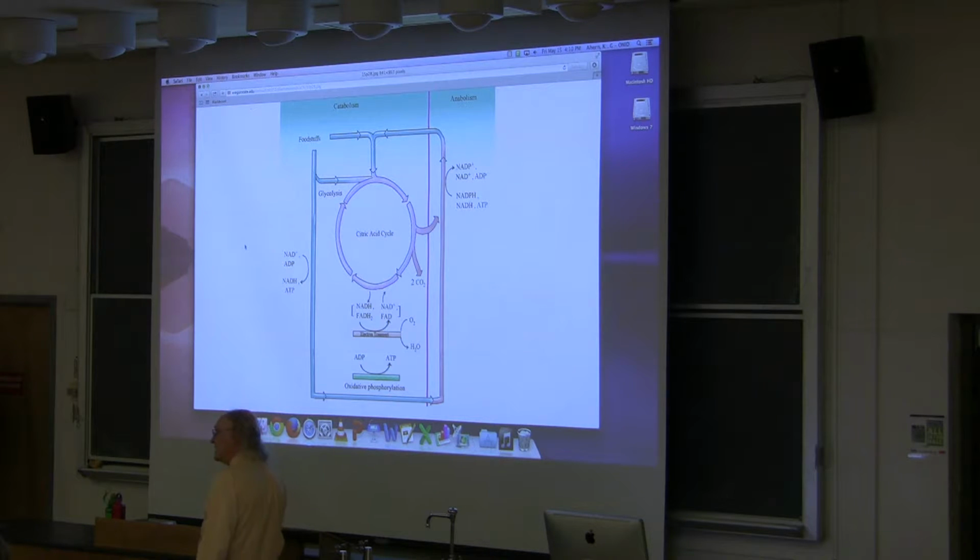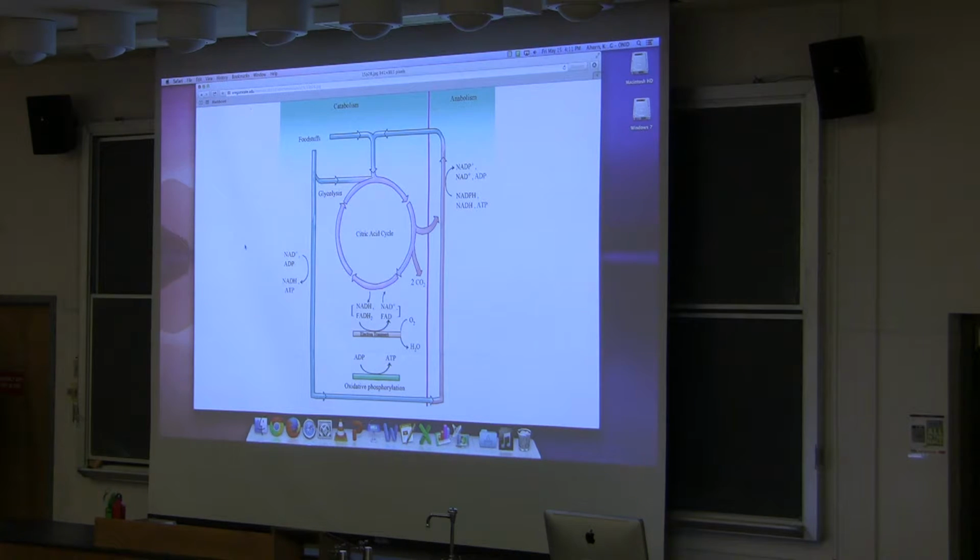And if NAD is needed for reactions that are oxidative in nature, and it is because NAD is accepting those electrons, and there's very little NAD available in the cell, what's going to happen to those reactions? Those reactions aren't going to go. And if those reactions don't go, we have no source of energy, and the cell is in deep trouble.